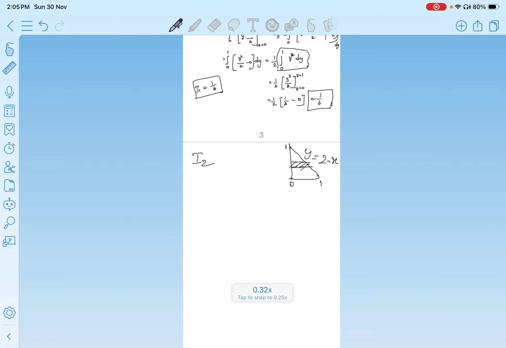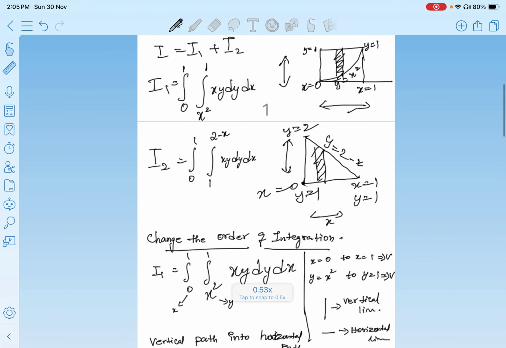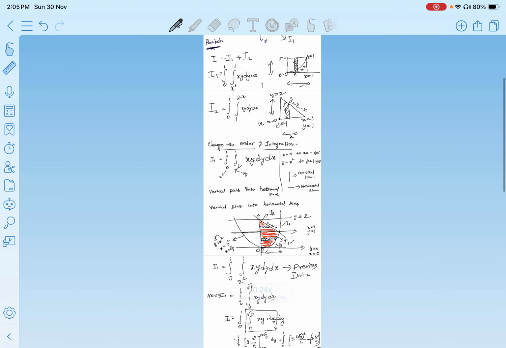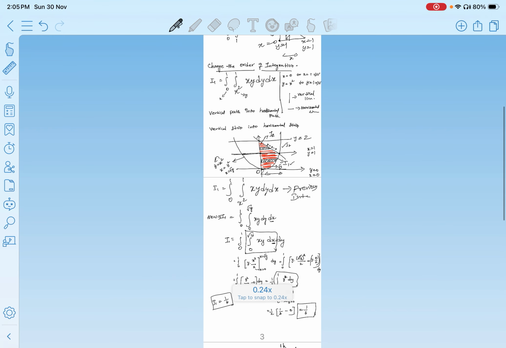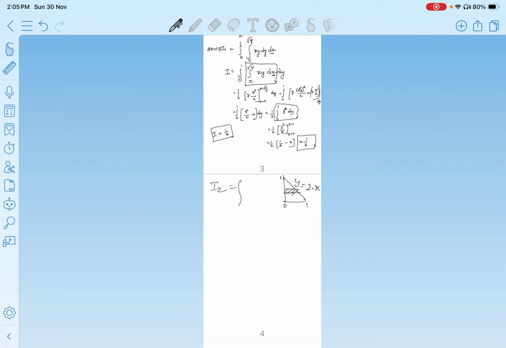So what is the second integration we have found here? This one is integral 0 to 1, integral 1 to 2 minus x.